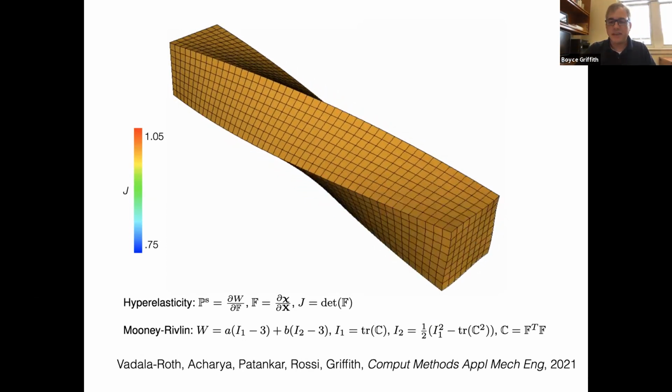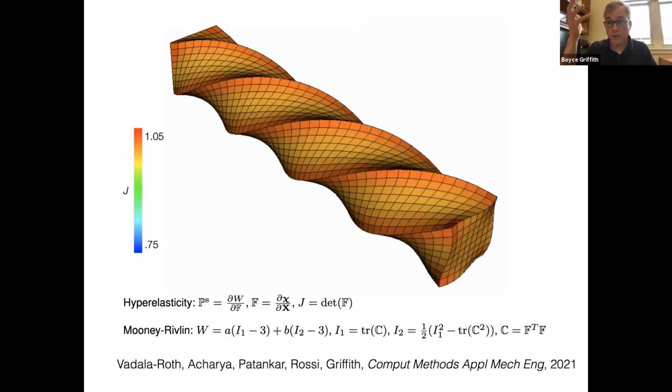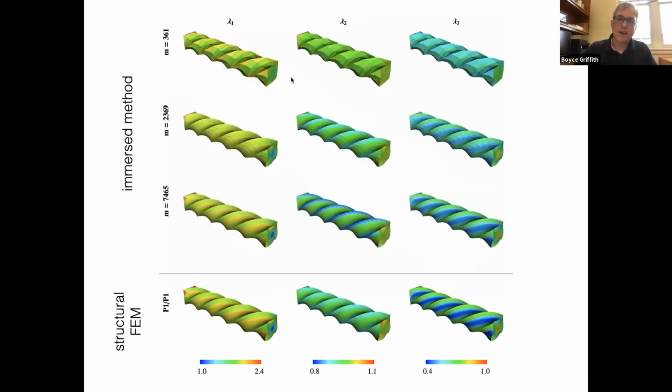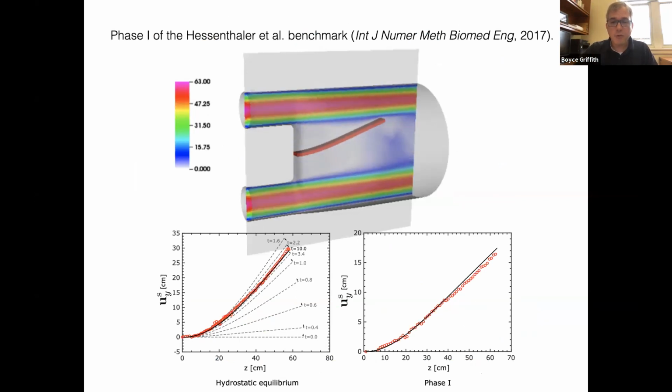This is a standard solid mechanics benchmark. We're doing an FSI computation, but it's a twisted beam. If you look at, say, the principal stretches under grid refinement, we wind up retrieving results that are in good agreement with benchmark, just regular structural finite element mechanics results. This is a more interesting benchmark.